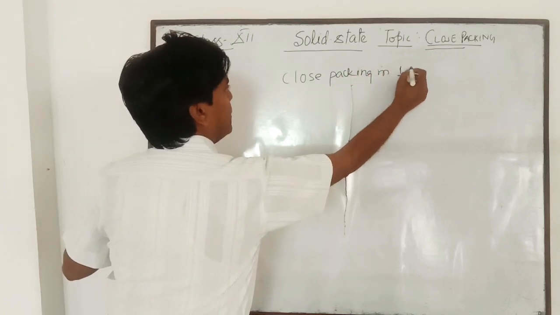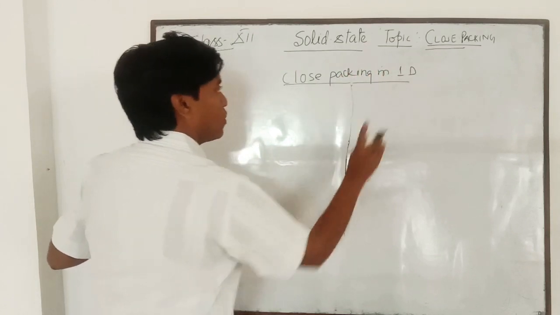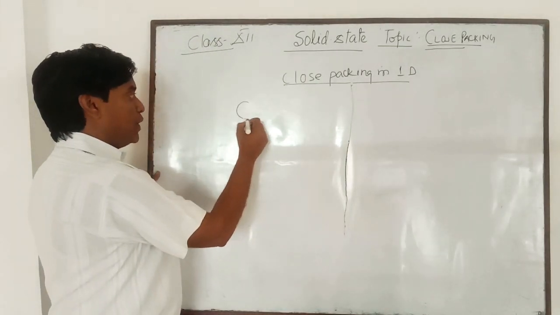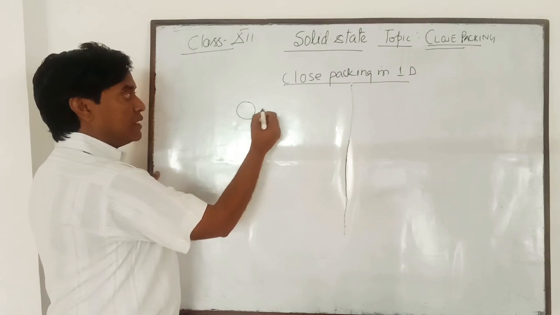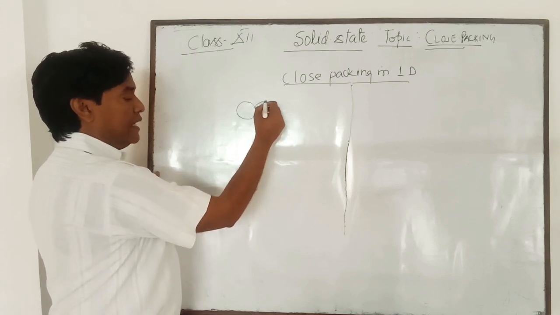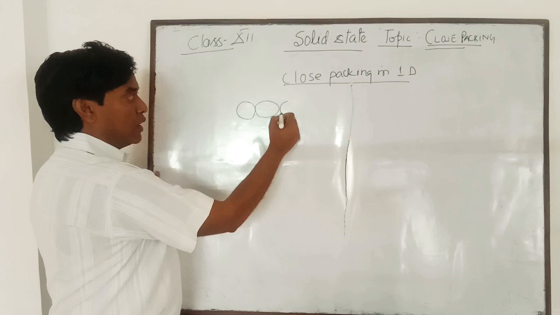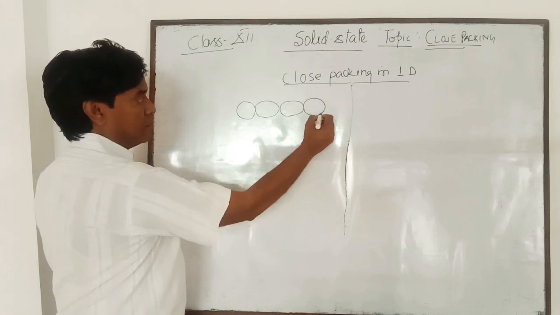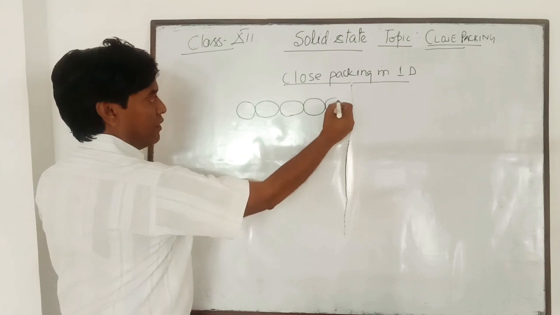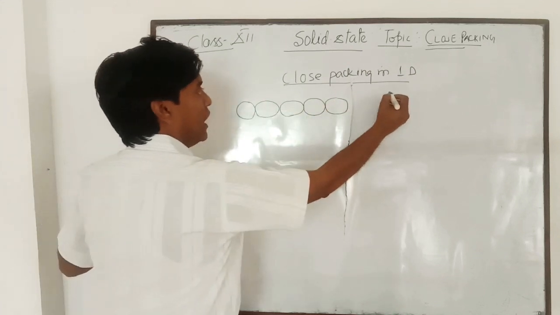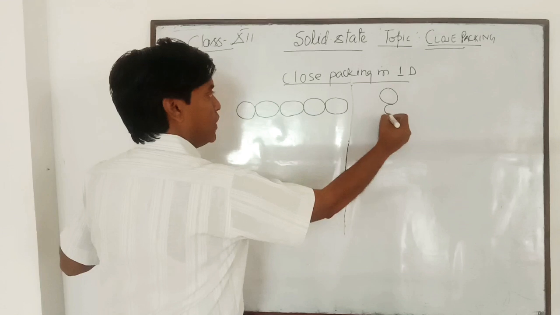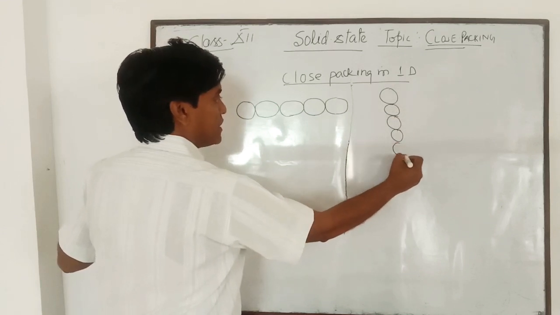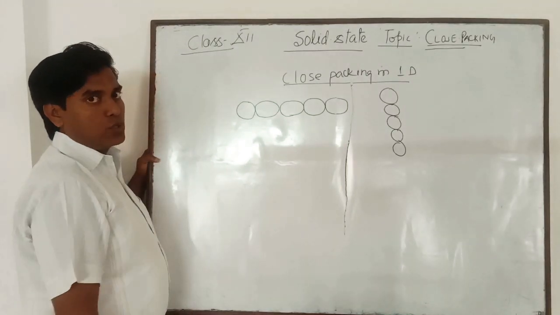Closed packing in one dimension. Closed packing in one dimension means what? Suppose that constituent particles, which are considered as spheres, are arranged only in a vertical line. If constituent particles are arranged in this way, then this is called one-dimensional closed packing.